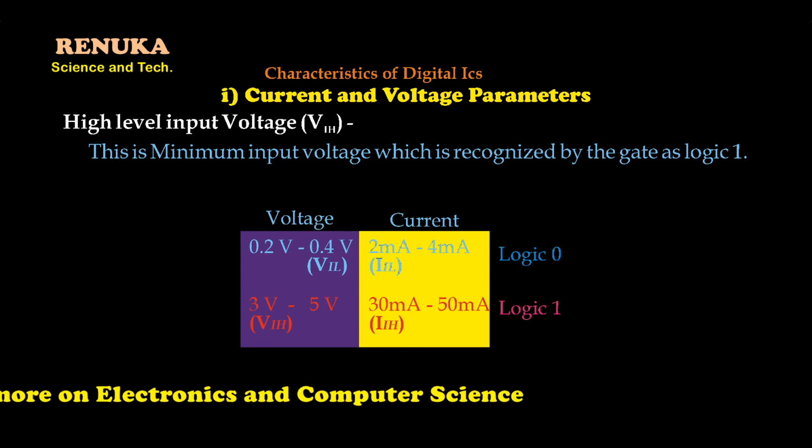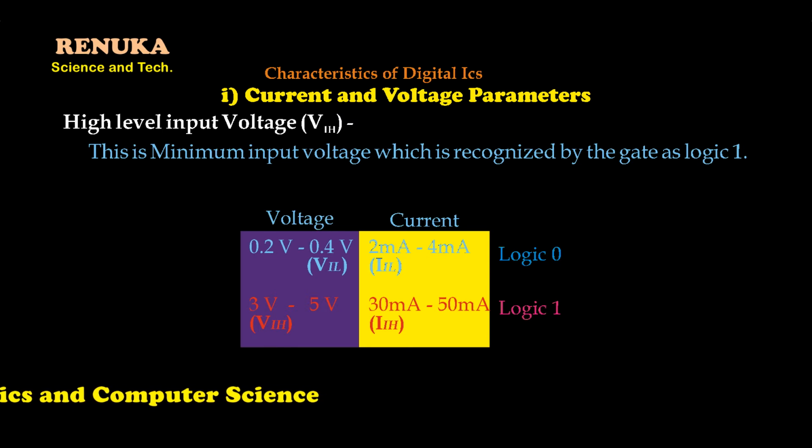So high level input voltage means at the input which voltage is considered as logic 1, that is the definition of high level input voltage VIH. It defines that it is the minimum input voltage which is recognized by a gate as logic 1. See what is said, it is minimum input voltage which is recognized by the gate as logic 1. So from the range 3 volt to 5 volt, the minimum voltage is 3 volt.